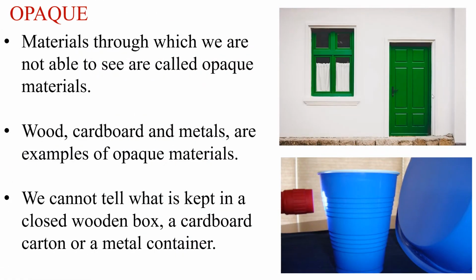There are some materials through which we are not able to see. These materials are called opaque materials. Wood, cardboard and metals are examples of opaque materials. We cannot tell what is kept in a closed wooden box, a cardboard carton or a metal container.